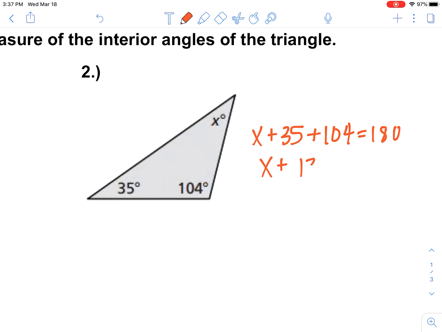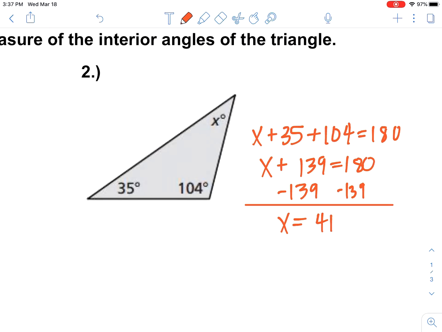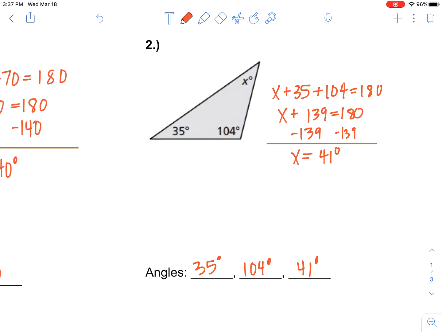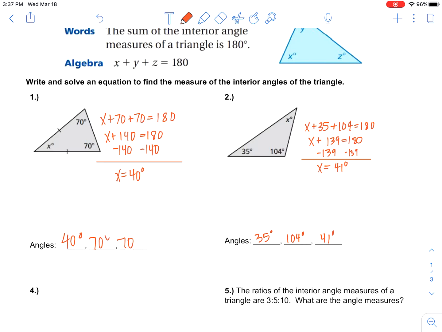When we add those together, we get 139. Subtract from both sides. X equals 41 degrees. So our three angles are 35, 104, and 41. Something I didn't do over here, make sure you have your degree measurements.